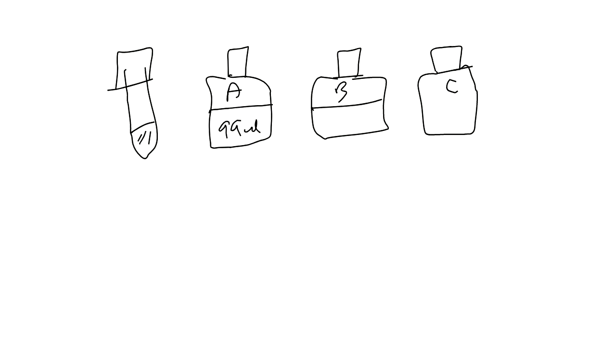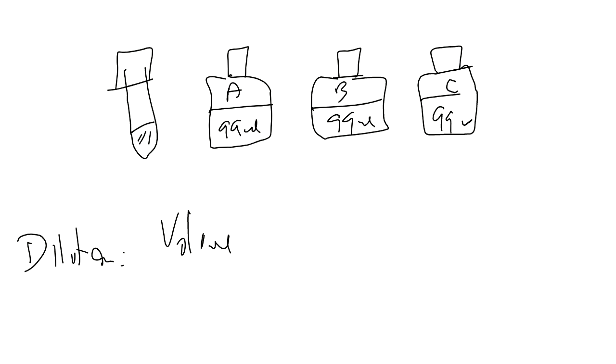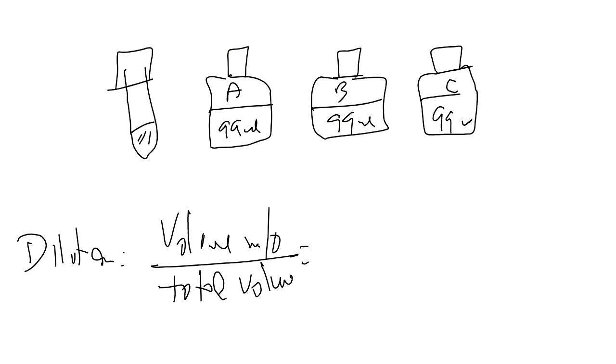Now remember, we're going to calculate dilution factors, and the formula was volume of bacteria over total volume. So each one of these bottles has 99 mils of the diluent, and we're transferring 1 mil in a serial dilution.